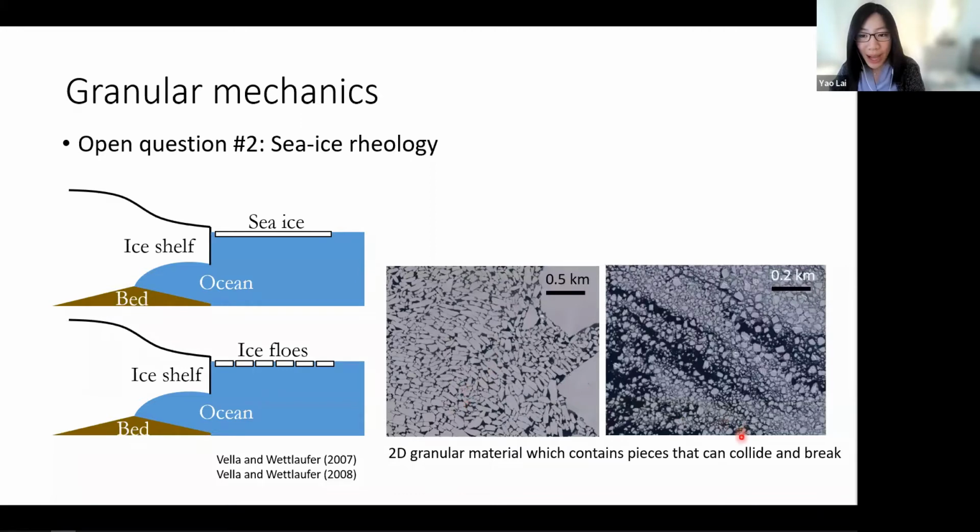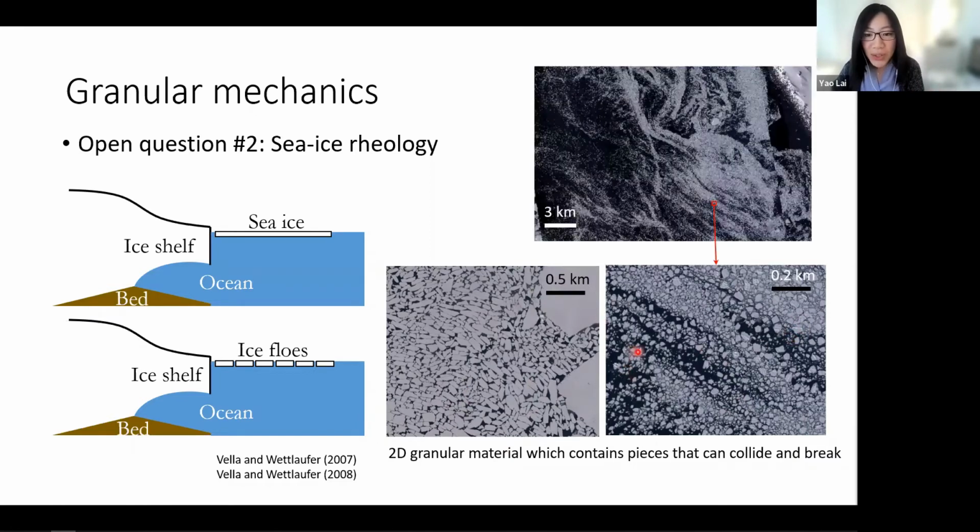Here is another example farther away from the ice shelves. You can see in the left image the ice floes are almost jammed together, but in the right image the pieces are smaller and less jammed. If we zoom out, you can see the large scale spatial pattern of this sea ice distribution. This lower right image is really just a tiny part of this upper image.